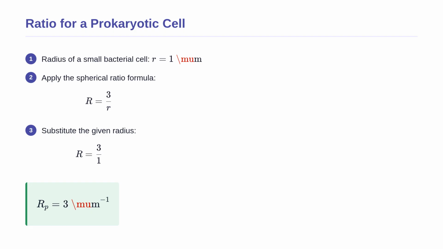We choose our simplified ratio formula and plug in the value 1 for the radius. 3 divided by 1 gives us a final ratio of 3 inverse micrometers. Physically, this high number means the bacterium has a massive amount of outer membrane compared to its tiny internal space, allowing rapid feeding through simple diffusion.